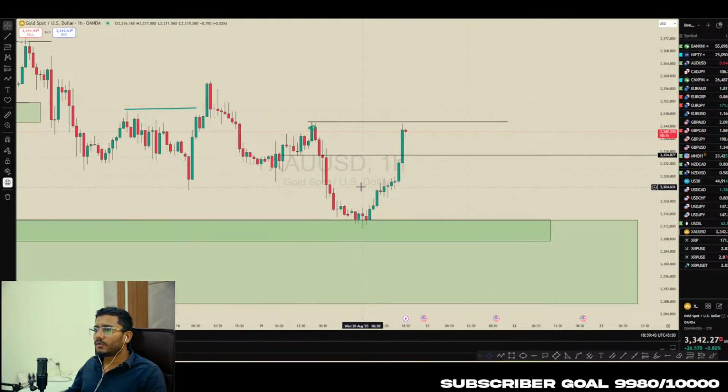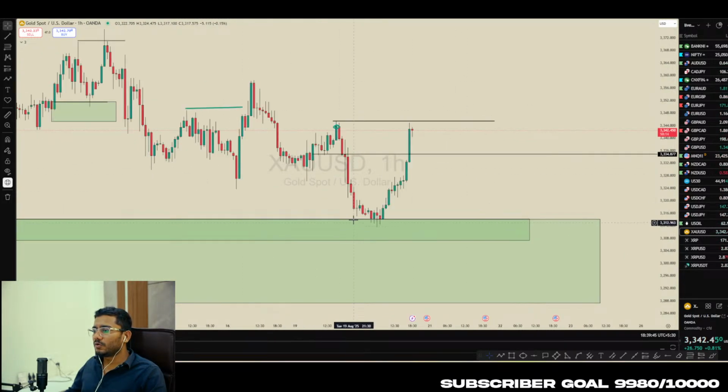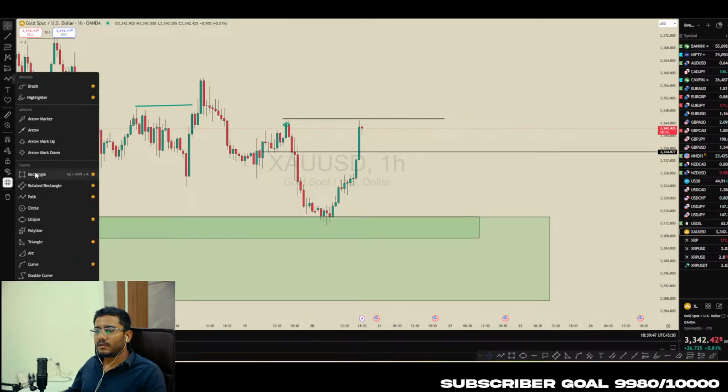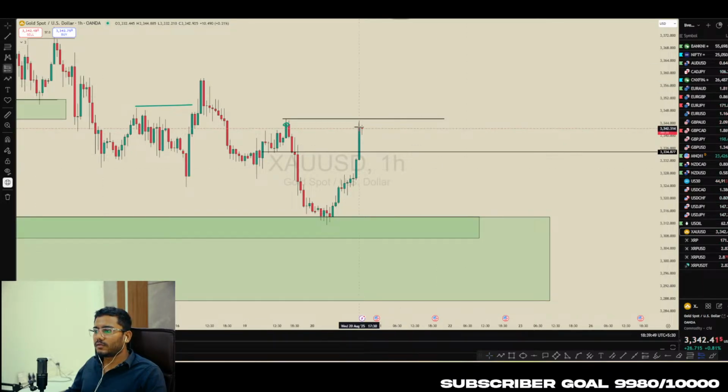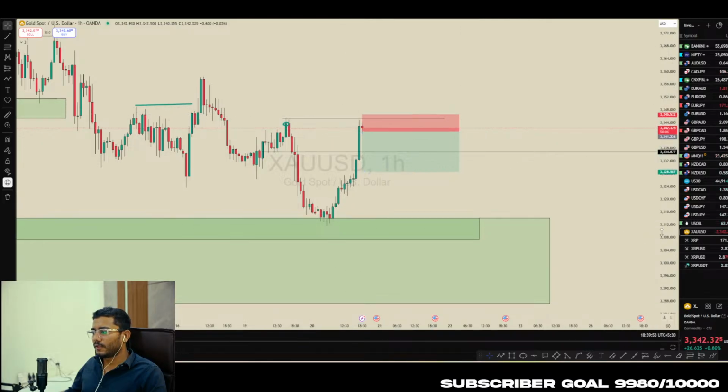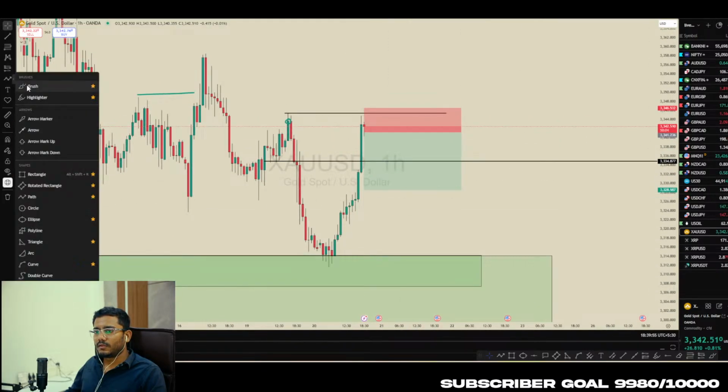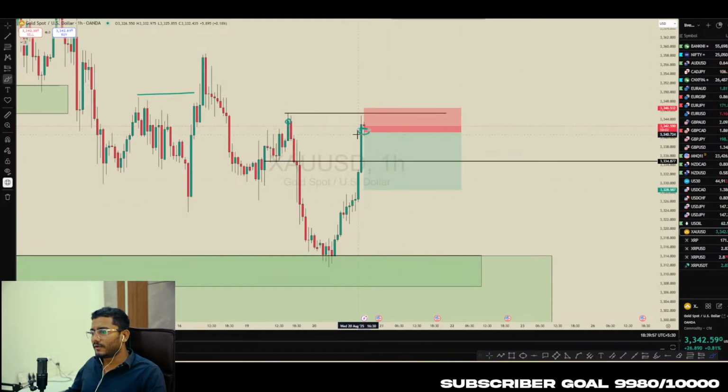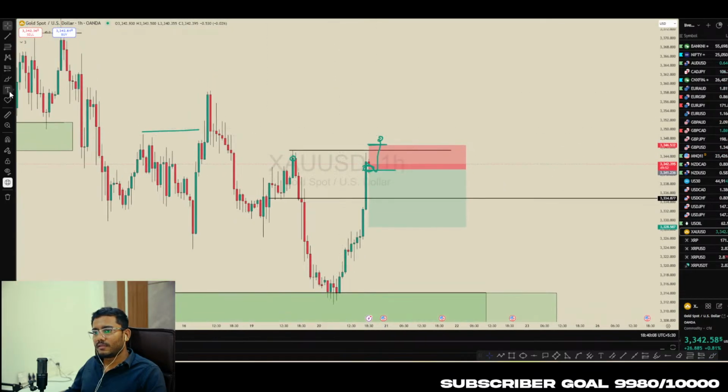And what people tend to do is try to hold. For example, if you have this order block, and they have taken this sell side trade from here, and they know that this is their stop loss, they will try to hold this trade when price goes to the upside.